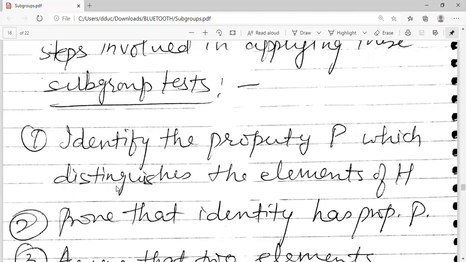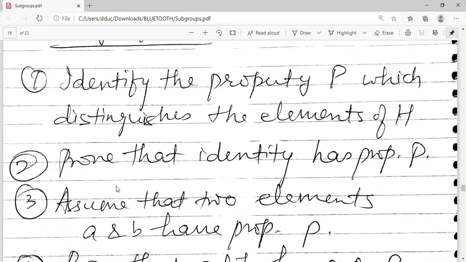First, identify the property P. You have to observe what is the property P which distinguishes the elements of H. If you have some subset H, then there must be some defining property of H, a way to identify whether a particular element is in H or not. You have to identify what that property is.